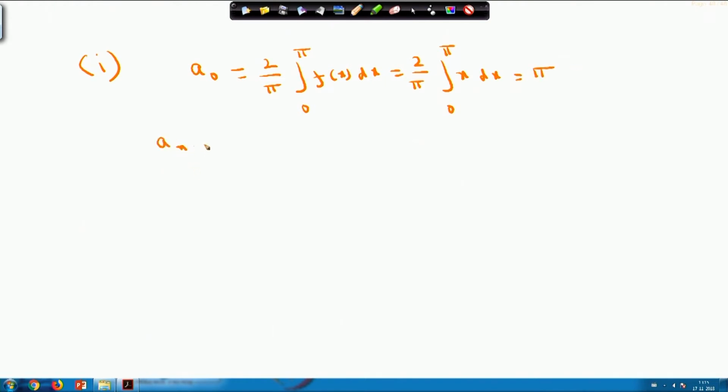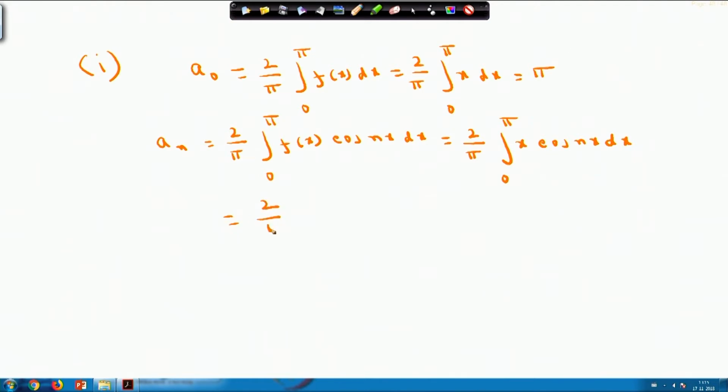Your an equals 2 by pi integral from 0 to pi of f(x) cos nx dx, you know it already, and this equals 2 by pi integral from 0 to pi of x cos nx dx. If you evaluate this integral, you will obtain 2 by pi times (minus 1 to the power n minus 1) by n square.